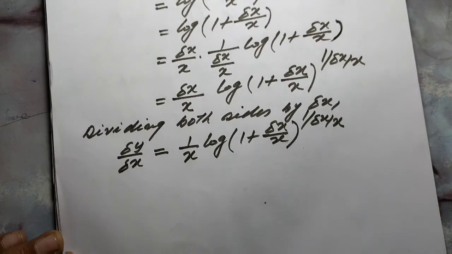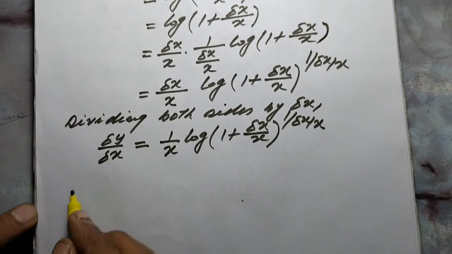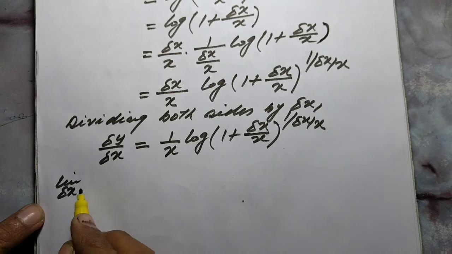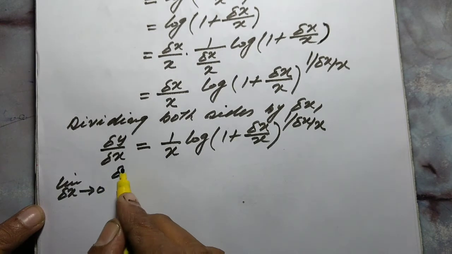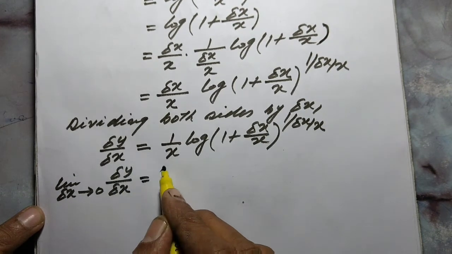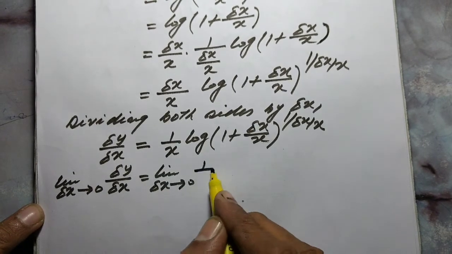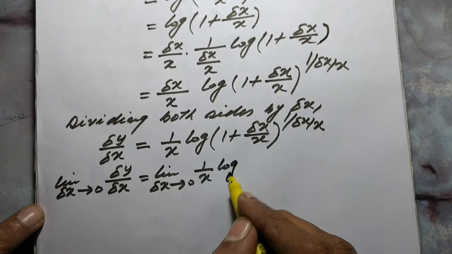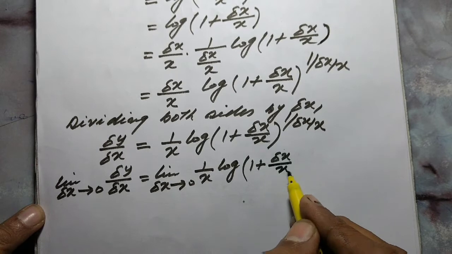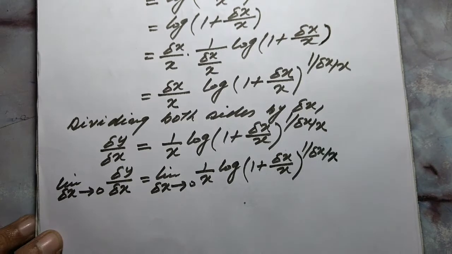Now taking limits on both sides, limit delta x tends to 0, del y upon del x is equal to limit del x tends to 0, 1 upon x log 1 plus del x upon x raised to the power 1 upon del x upon x.